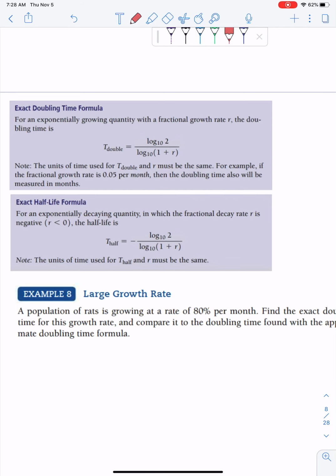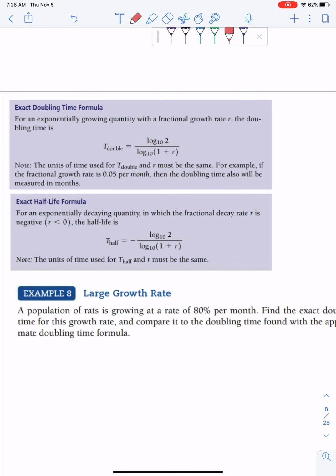And r is the fractional growth rate. So the units of time used for the doubling time and r must be the same. For example, if the fractional growth rate is 0.05 per month, then the doubling time also will be measured in months, because the 0.05 is measured in months.